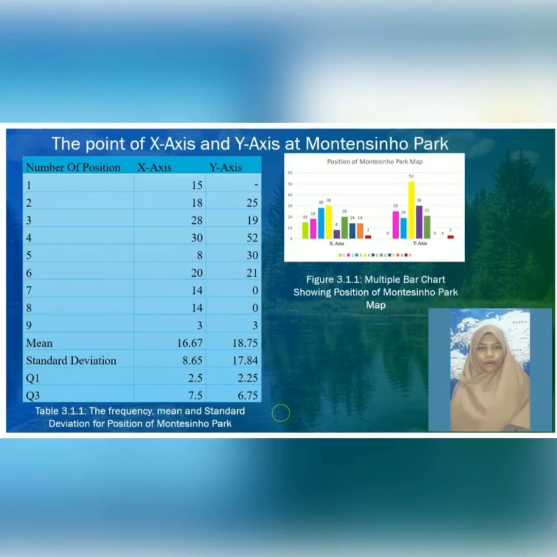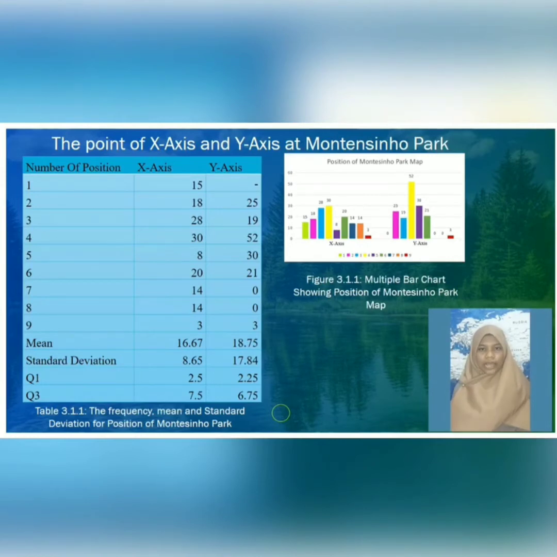The mean for both axes is 16.67 and 18.75, while the standard deviation for this coordinate is 8.65 and 17.84. The median of the x-axis is located at the 5th position and the y-axis is located in the middle of the 4th and 5th position. The mode for both coordinates is 14 and 0.